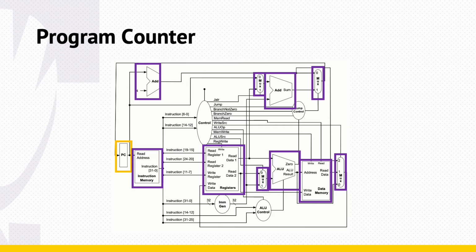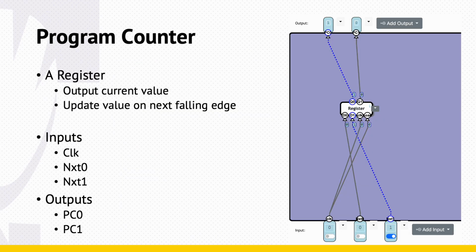How do we go from a register to a program counter? First, it's important to realize that the program counter really is just a register. It's a register which has a value going out, which is going to point at the instruction that we want to execute.